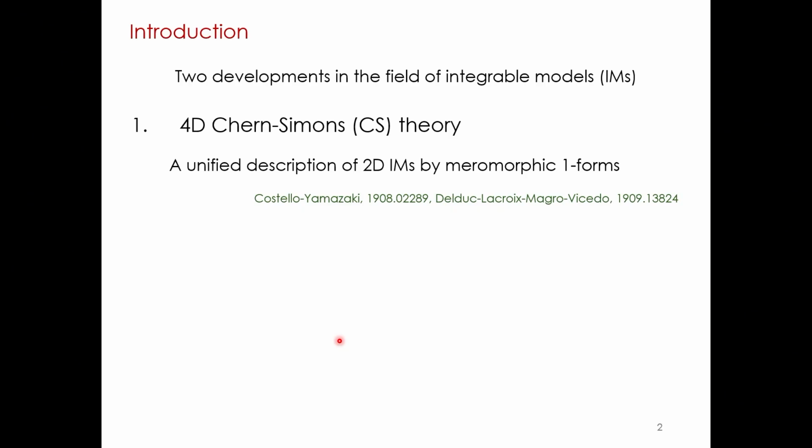This is a very interesting point of four-dimensional Chern-Simons theory. It was proposed by Costello and Yamazaki in these papers. Then a nice way to describe Yang-Baxter deformations and various integrable models was shown by Delduc, Lacroix, Magro, and Vicedo in this paper.